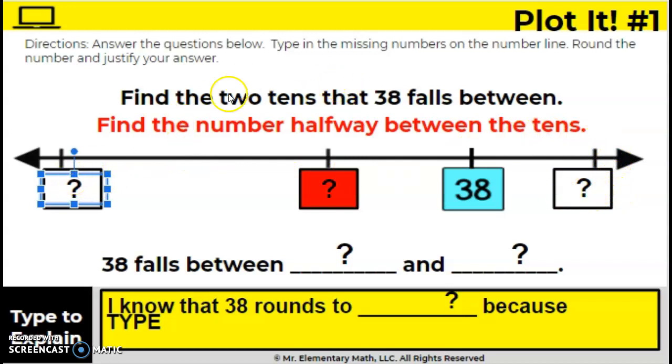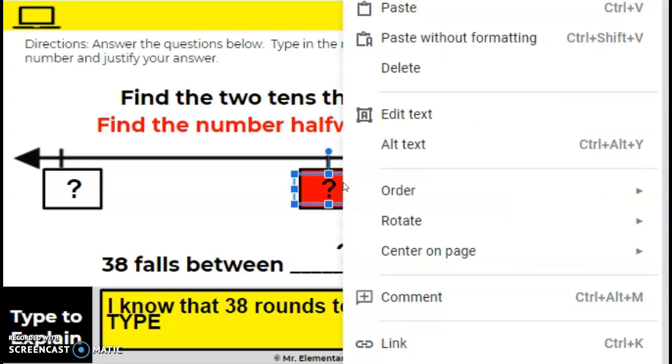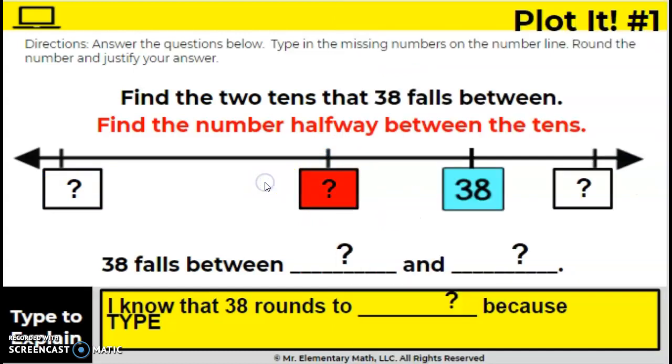So remember, you're going to find the 2 10s that the number falls between, just like we did in our example. You're going to find the halfway point or the midpoint, and you're going to type that number in. You're going to put the numbers here that the number falls between.